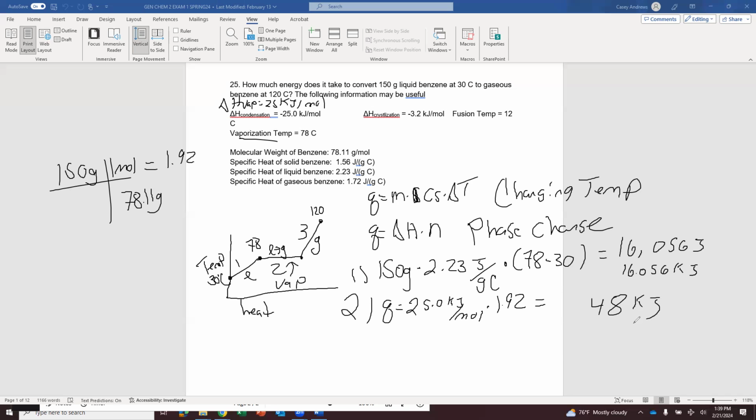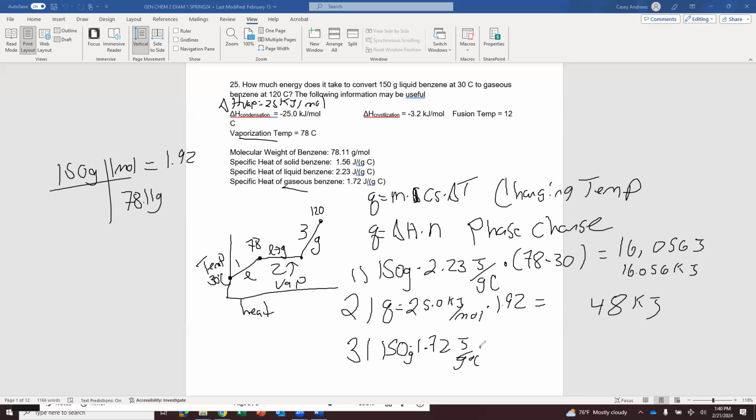I'm just going to do that again. 25 times 1.92. 48 kilojoules. Then for my next, once I'm a gas, I'm going to start heating up again. So I go back to my original equation. My mass is 150. I'm in a gas now, so my heat capacity is 1.72 joules per gram Celsius.